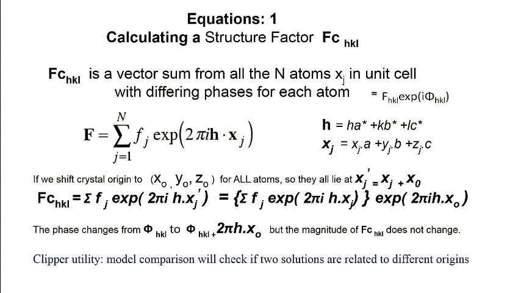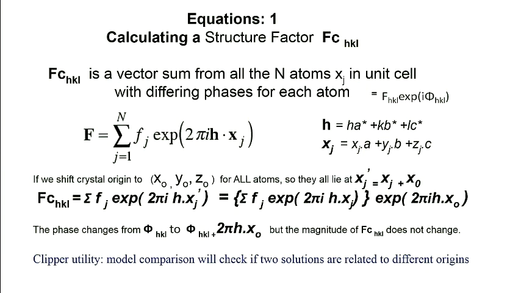Then I'm sorry to put this up. I know people hate equations, but all these equations are available. In fact, even in CCP4, there's a thing called basic maths for crystallography. But if we know where the atoms are relative to some origin, we can calculate a structure factor.